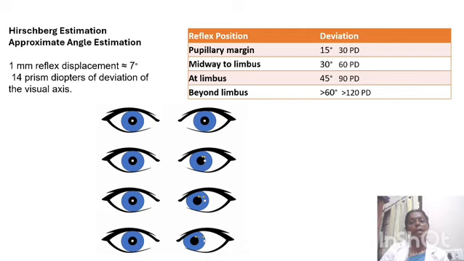Beyond the limbus, more than 60 degrees of deviation is approximately more than 120 prism diopters. A useful clinical rule is that 1 millimeter of displacement is 7 degrees of deviation, which is 15 or 14 prism diopters.